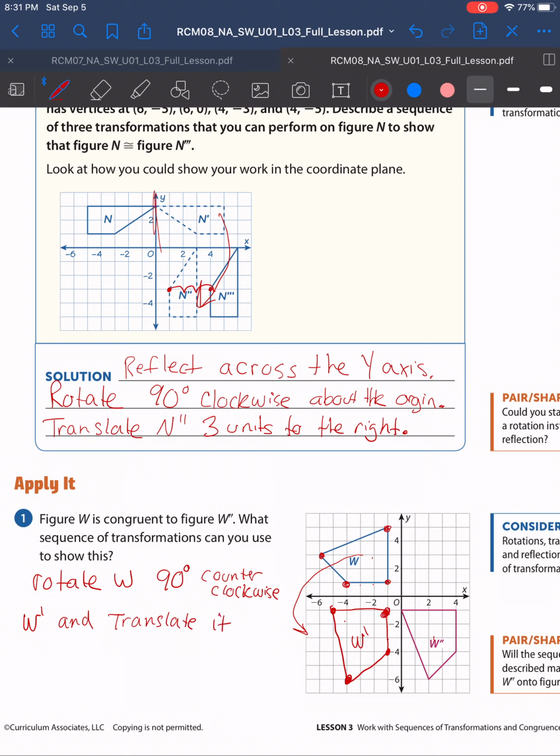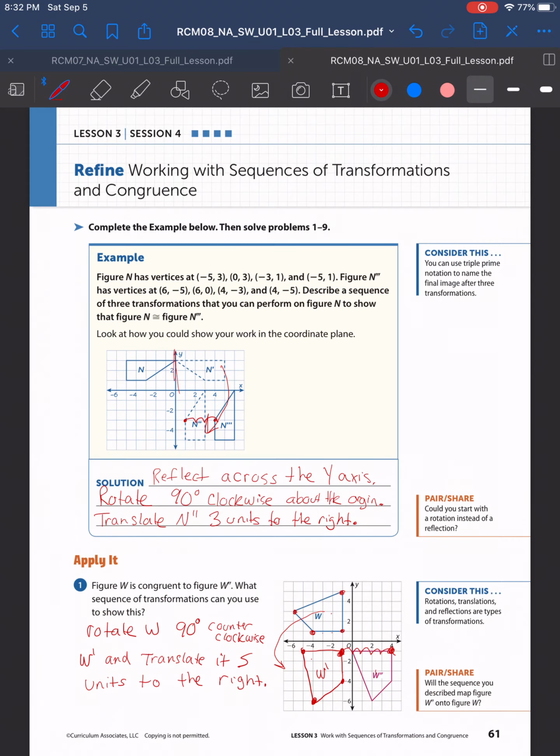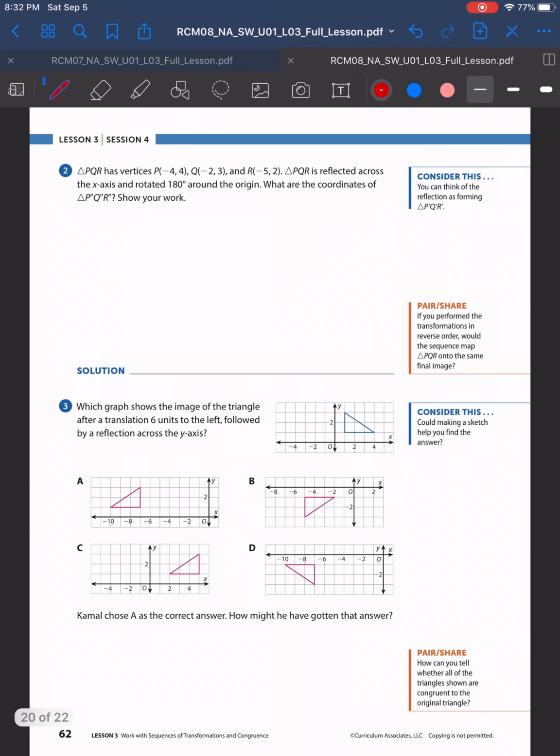Let's see, how many does it go from here to here? 1, 2, 3, 4, 5. 5 units to the right. Awesome.